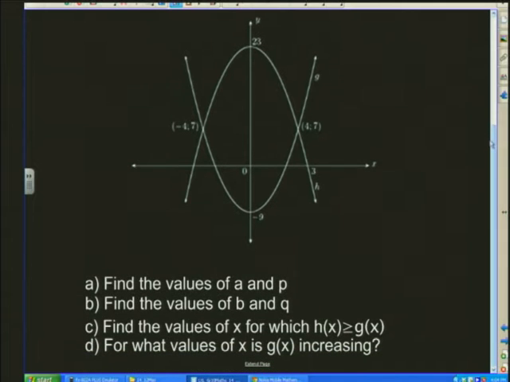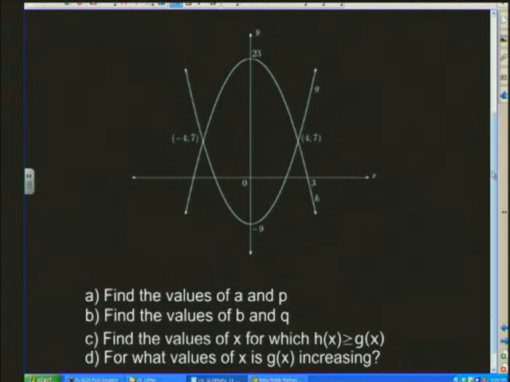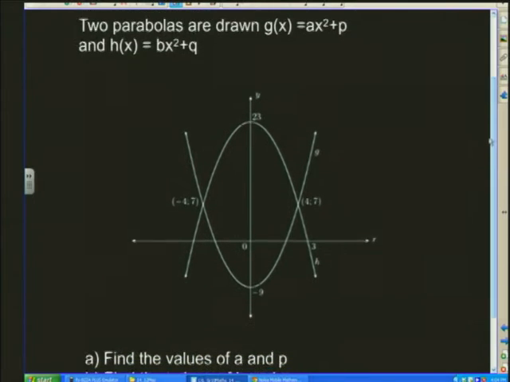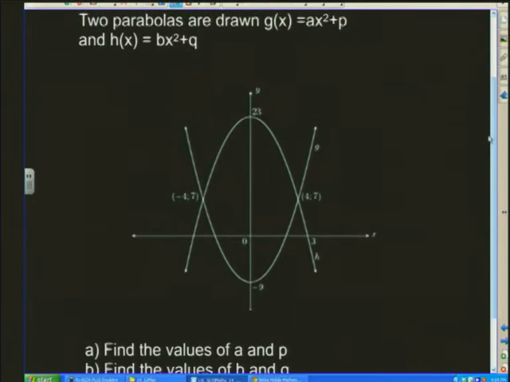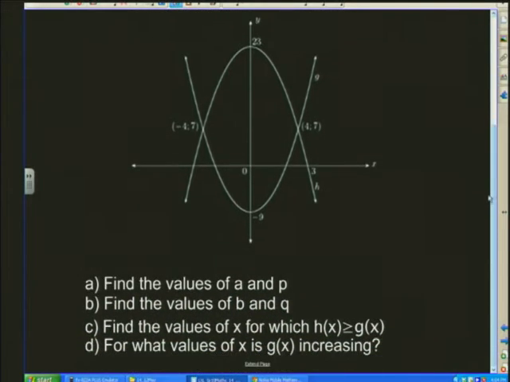Part A asks you to find the values of a and p, in other words, the defining equation of g(x). Part B asks you to find the values of b and q, which is the defining equation of h(x). You are then asked to find the values of x for which h(x) is greater than or equal to g(x). And finally, for what values of x is g(x) increasing?